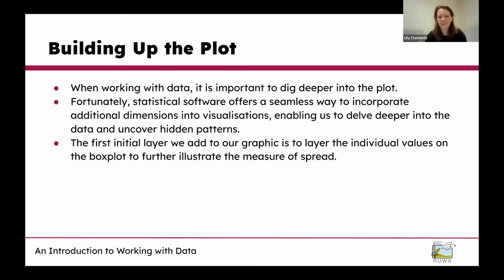When working with data, it's important to dig deeper into the plot. Fortunately, statistical software offers a seamless way to incorporate additional dimensions into visualizations, enabling us to delve deeper into the data and uncover hidden patterns. The first layer that we're going to add to our graphic is to layer the individual values on the box plot to further illustrate the measure of spread.